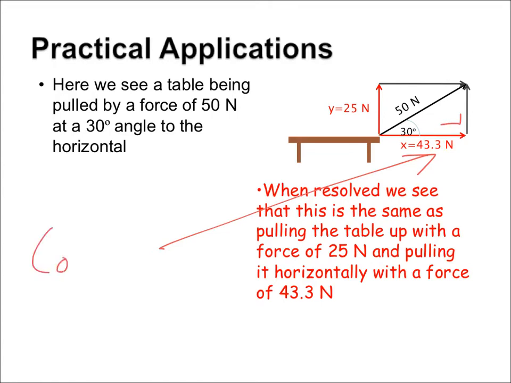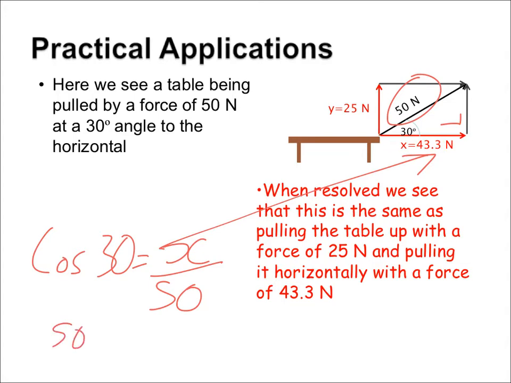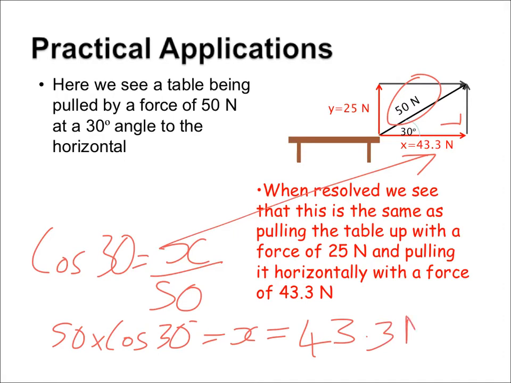The cosine of 30 is equal to what we don't know, what we're trying to work out, over 50. This is the 50 in the question. And so 50 times the cosine of 30 equals x, which as you can see is 43.3 newtons. So if you're looking for the force on the table in a horizontal direction, it's 43.3.